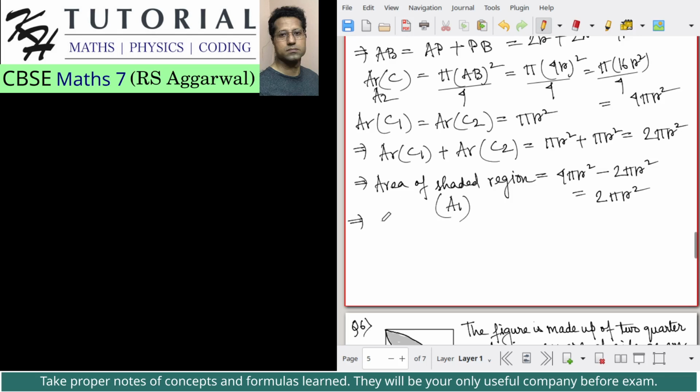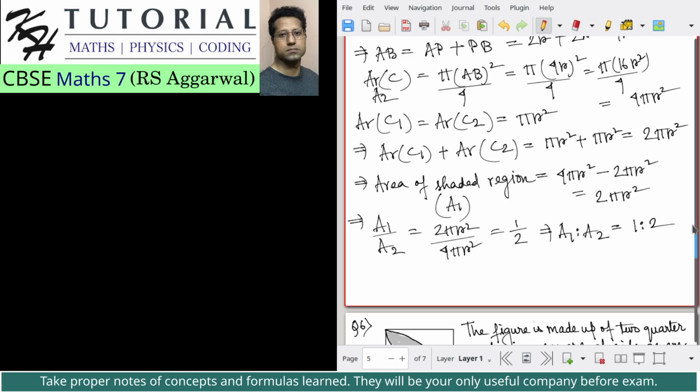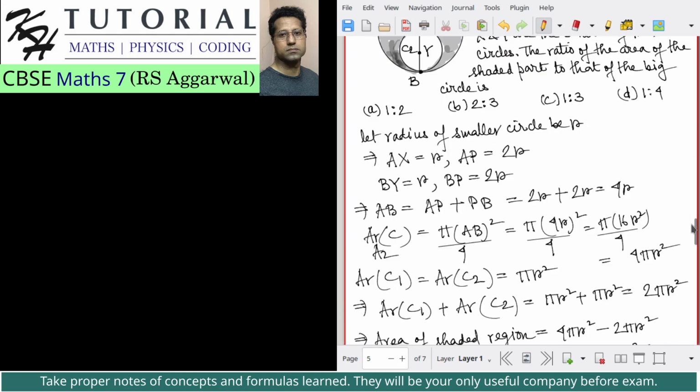So we must have A1 by A2 is equal to 2 pi r square divided by 4 pi r square. Pi r square cancels out, and this is equal to half. So A1 is to A2, that is, the required ratio is 1:2. So the correct choice is A.